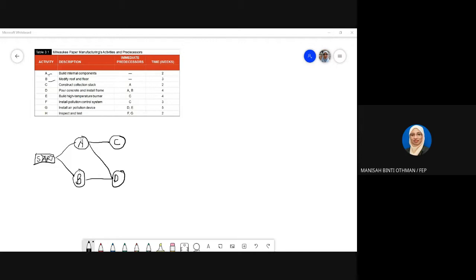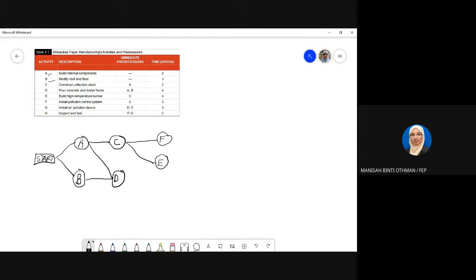When C is complete, you can start E and F.